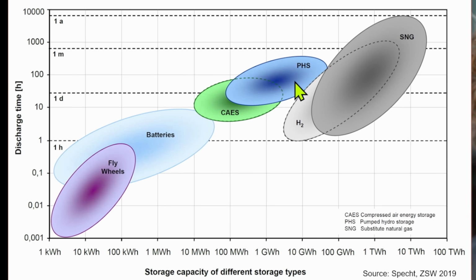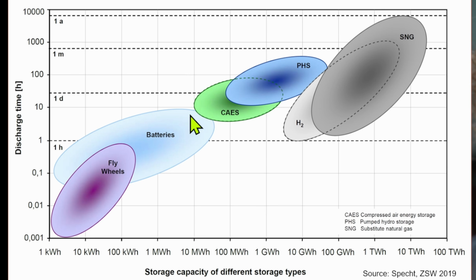Here in blue color, it is available in the vicinity of 100 megawatt hours to about 10 gigawatt hours of storage capacity, and within this typical discharge time of a day or several days or up to weeks, or if you discharge it quickly, it could be several hours, as we saw in the Goldisthal plant, which, if it works on full power, has a discharge time of 8 hours.